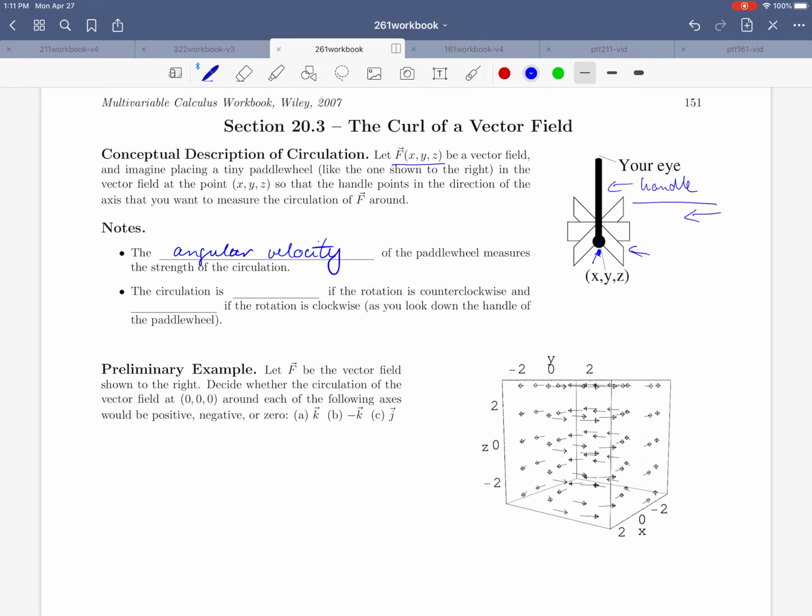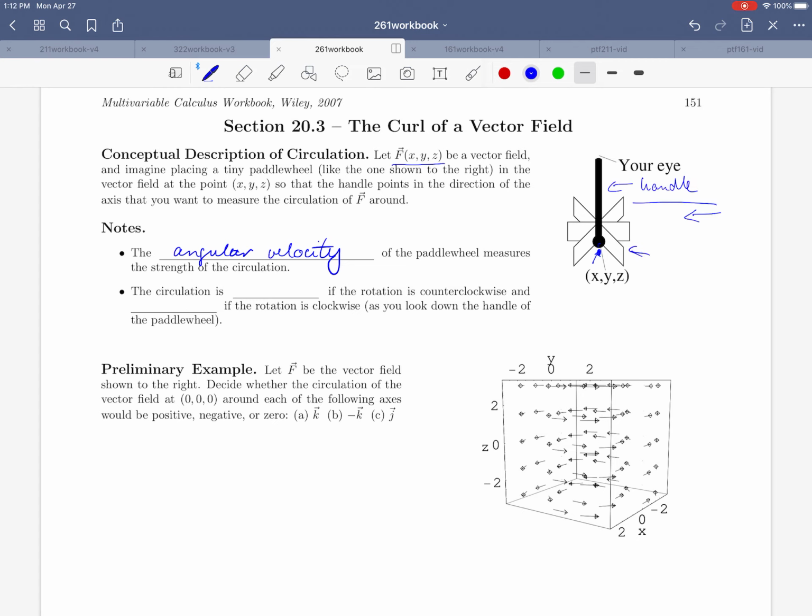And again, you saw when I demonstrated this, that even if I put the pedal wheel at the same point, with one example the handle was pointing upward and the wheel was rotating counterclockwise, and then I turned it around and it appeared that the wheel was rotating clockwise. We associate a sign to these different directions of rotation.